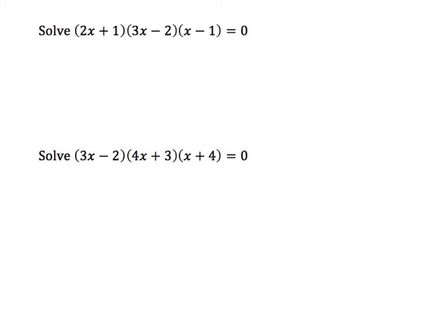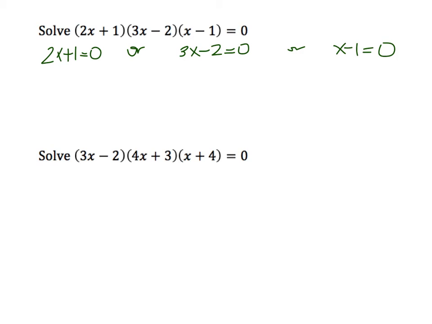Looking at now our last example, we have something that's a product of 3 factors. So I'll probably have 3 different answers. From here, I'm just going to do the same thing that we did last time, make each of them equal to 0. So the first one, 2x plus 1 equals 0, or 3x minus 2 is equal to 0, or x minus 1 is equal to 0.